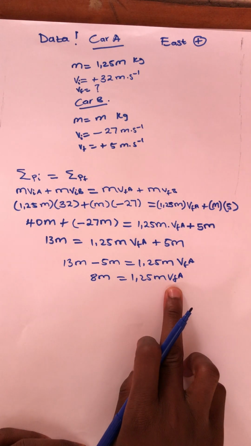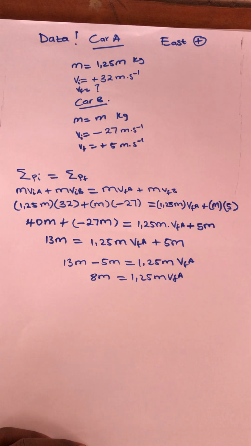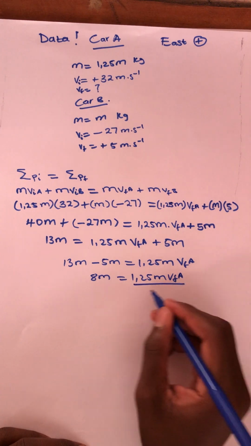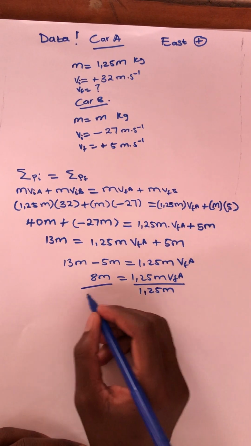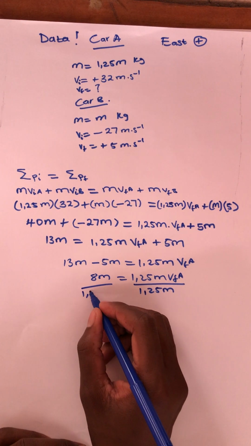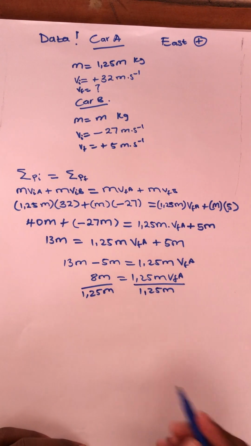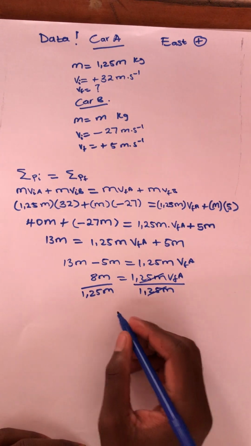Remember, we are looking for the velocity of car A, so we divide both sides by 1.25m, and this will cancel.